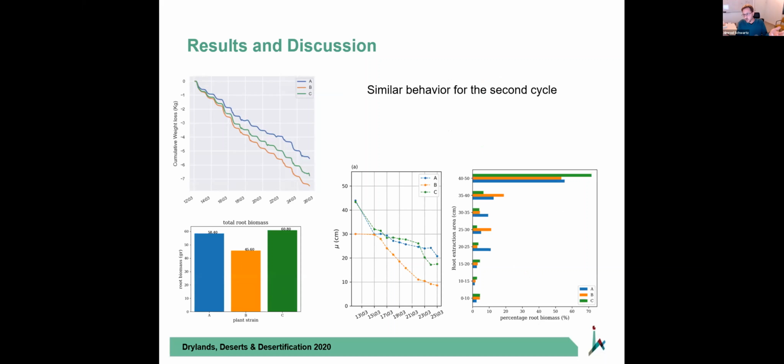And what I want to say here is that we have similar results. So this is repeatable. This work is a work in progress, so we still have more experiments like that. And actually, even the phenomenon of deeper uptake for plant B here is more pronounced. Again, despite the fact that we have fewer roots for that plant.